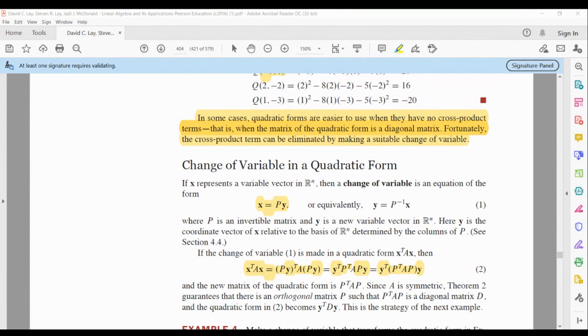Now, what is P transpose times AP equal to? Well, remember, and I'm just making a note here, we're assuming that matrix A is symmetric.